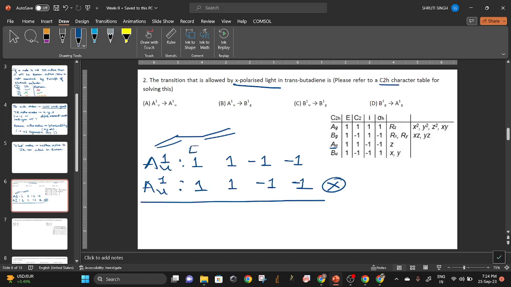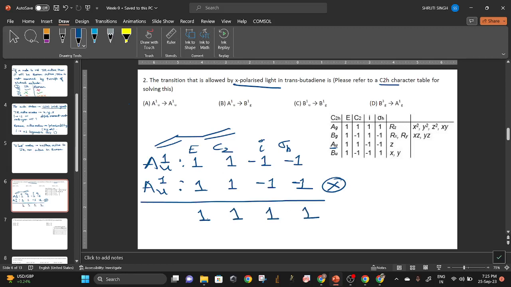So this is E, this is C2, this is i, and this is sigma h. 1 times 1 is 1, 1 into 1 is 1, -1 into -1 is 1 again, and -1 into -1 is 1 again.